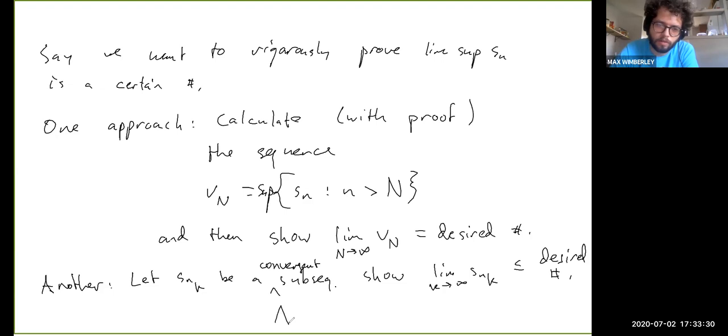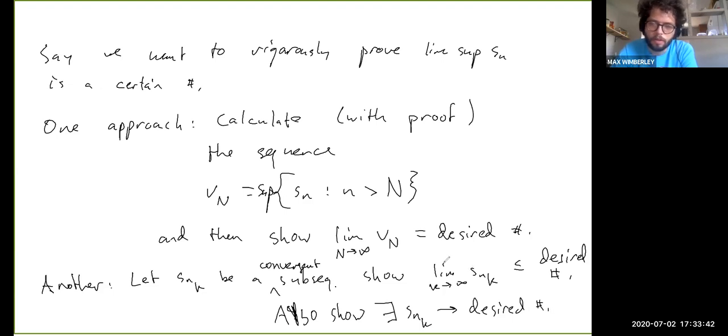And then also show there exists a subsequence converging to the desired number. So this one would establish that the lim sup is less than or equal to the desired number, and this one would establish that it's greater than or equal to the desired number.